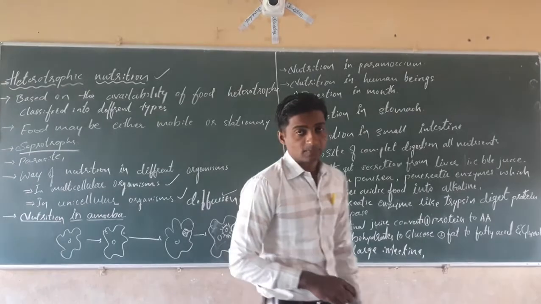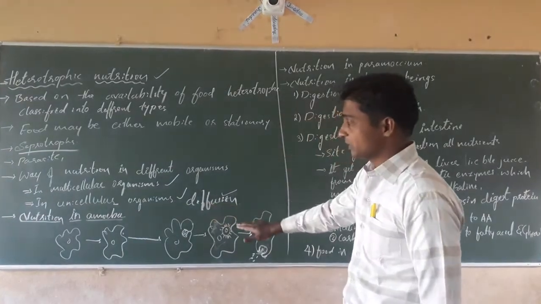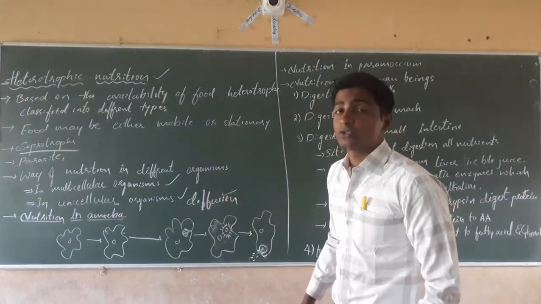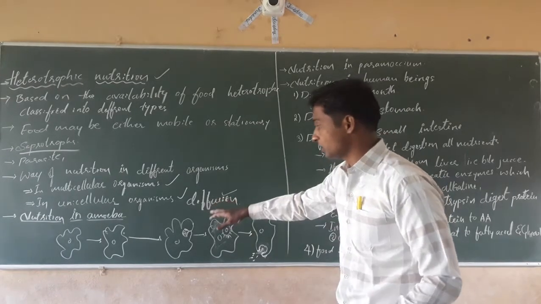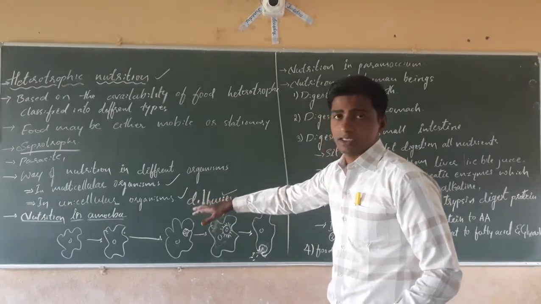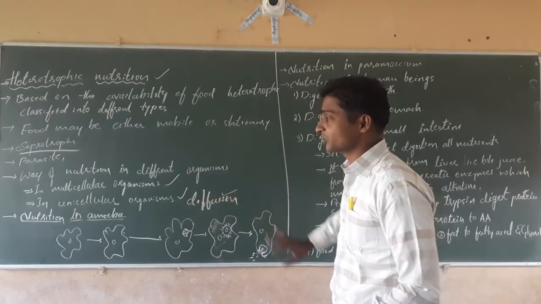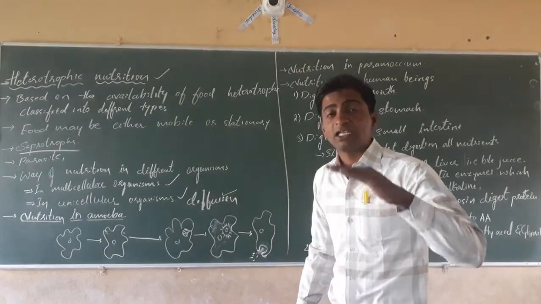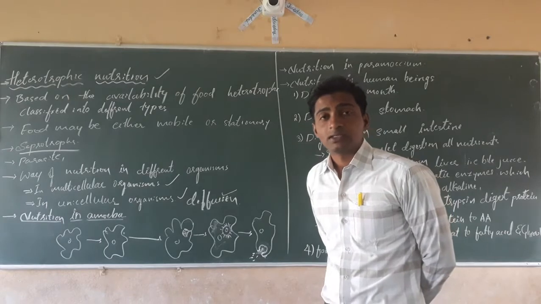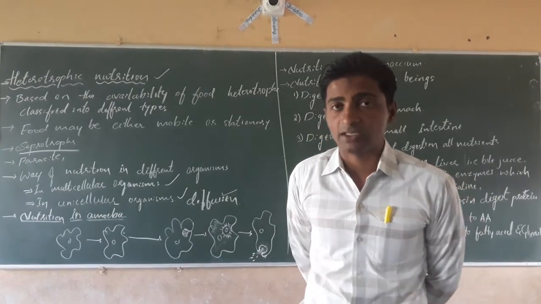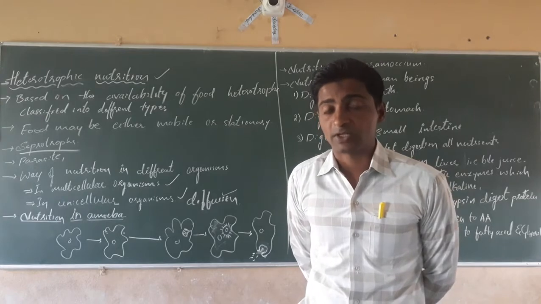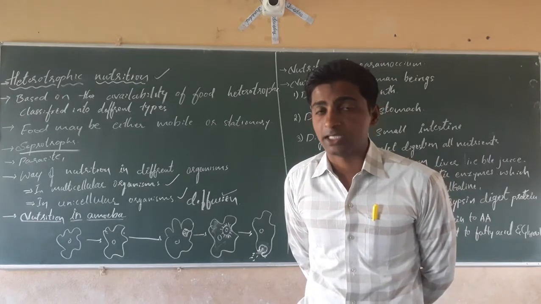It means in case of a unicellular organism like amoeba, digestion happens by a process of diffusion. I will explain again. The amoeba is an irregular shaped living being which is present in water, an aquatic animal.